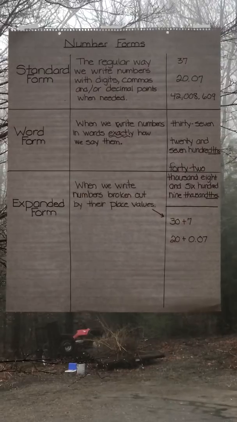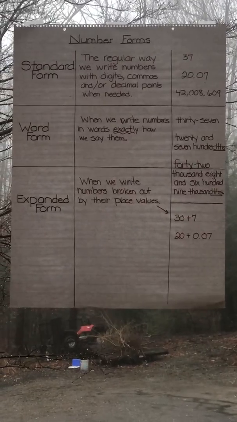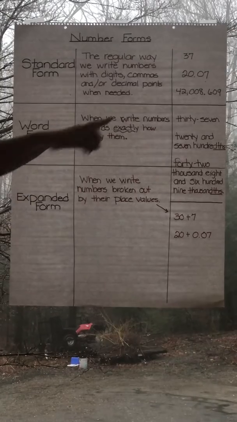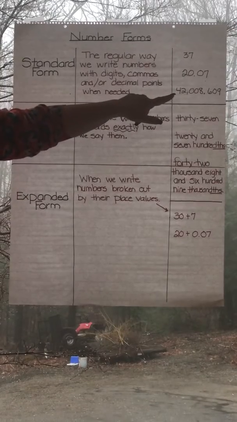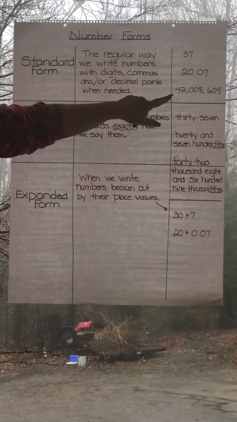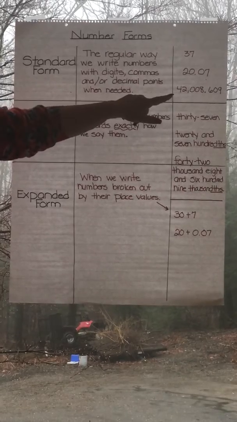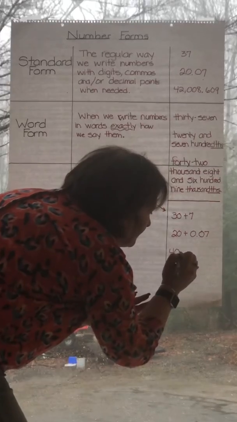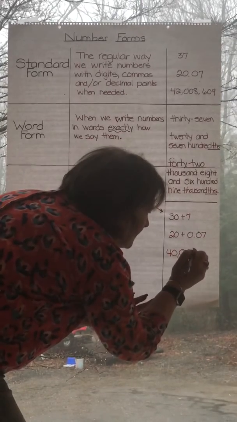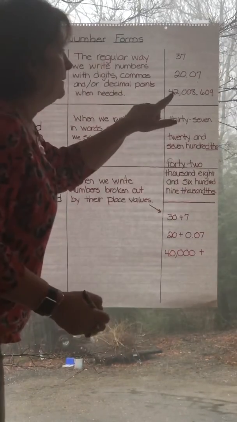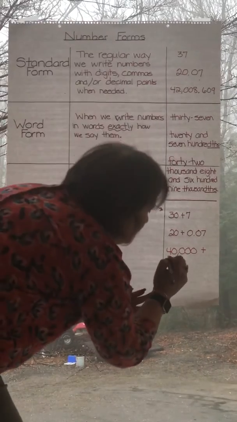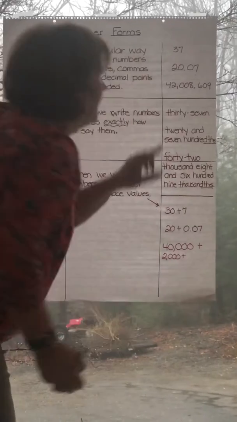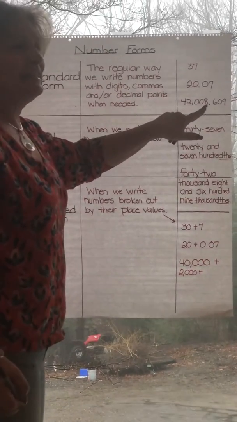And now let's try 42,008 and 609 thousandths. Think about it for a minute. What would be the first place value that we would talk about? The 4 in the 10 thousandths place. So that's 40,000 plus 2,000 plus 8.